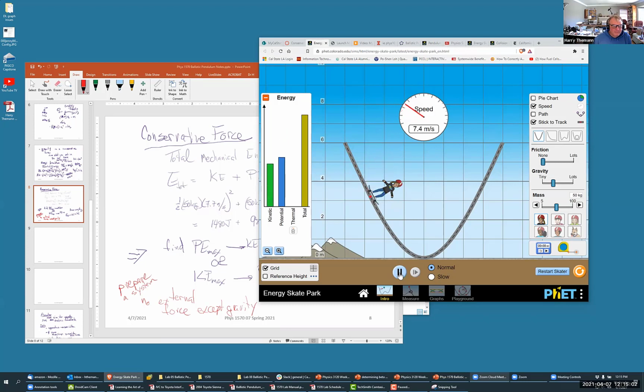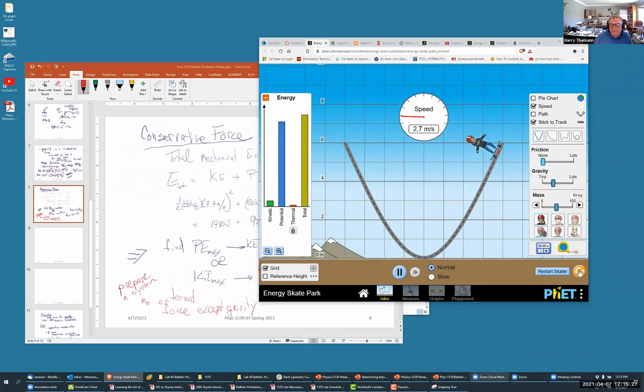Now, it's not important for us for this lab, but a non-conservative force is friction. So if I add friction, oops. No, we got to restart her. Oh, what happened?